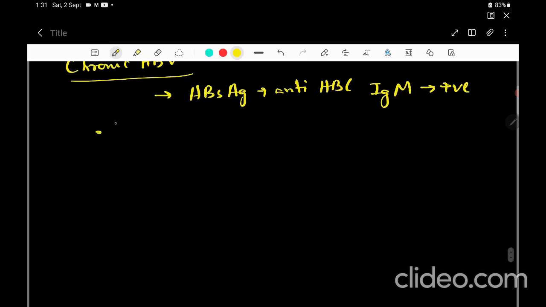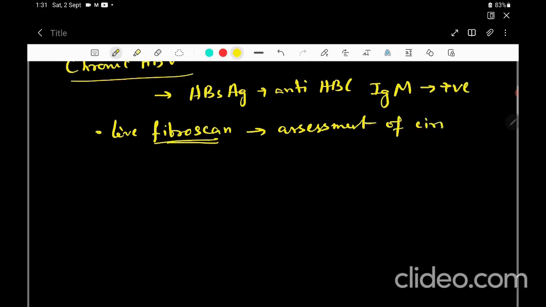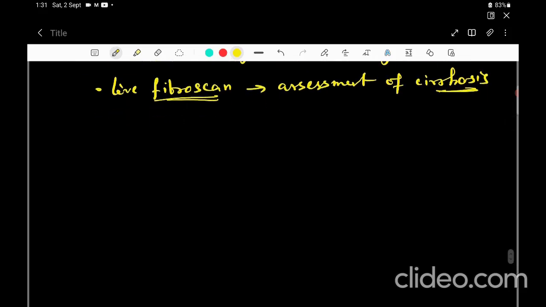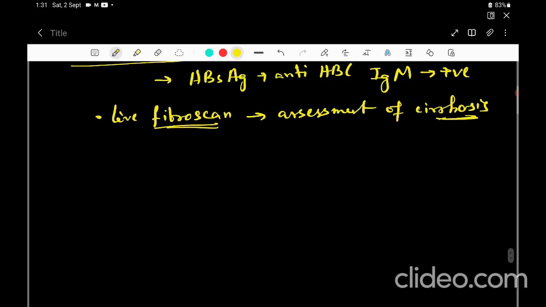You can go for a liver fibroscan for assessment of cirrhosis. Now, primarily, personally, this is a recommendation: I think you can do an USG, and if there is cirrhosis, then you can go for fibroscan.